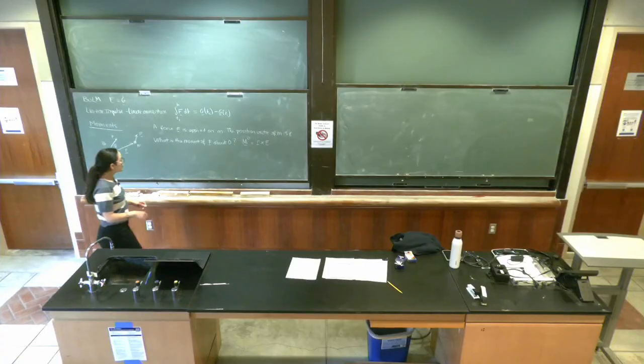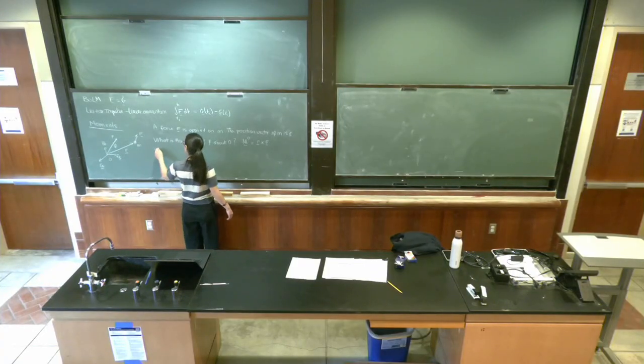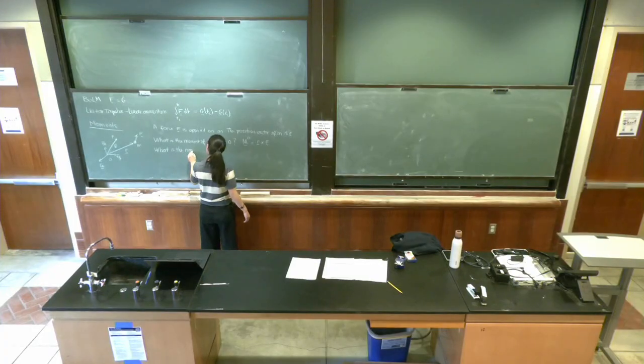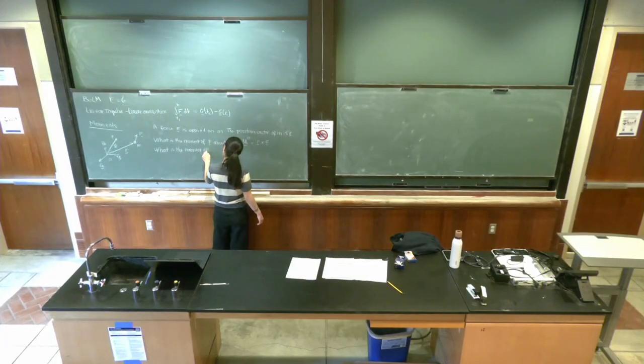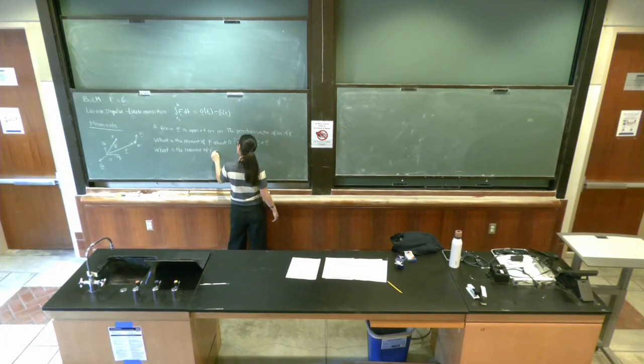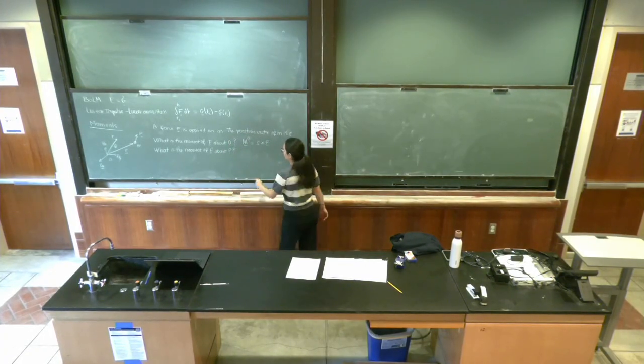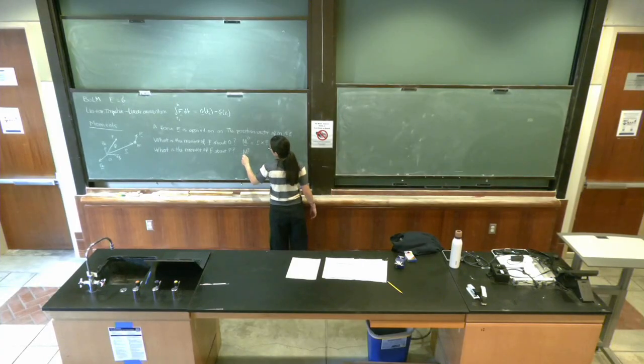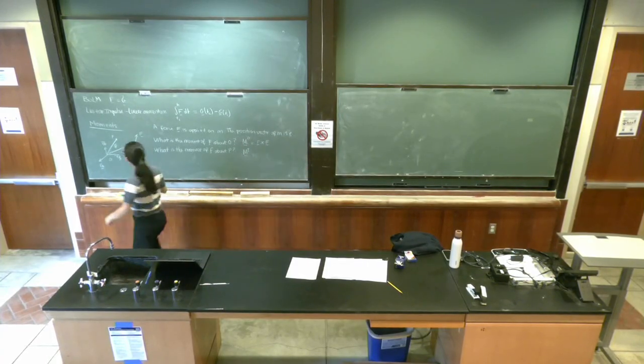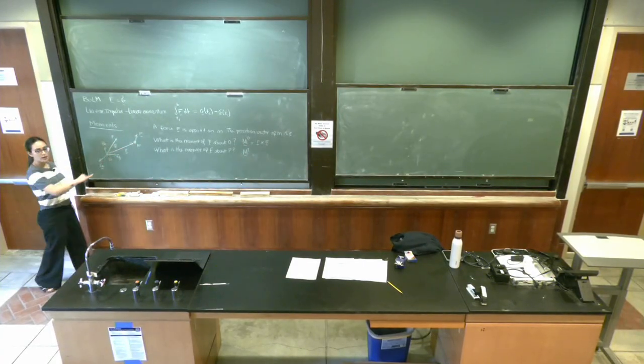What is the moment of F about the point P? So again, I want to calculate the moment of this force F, but now about P instead of about the origin.